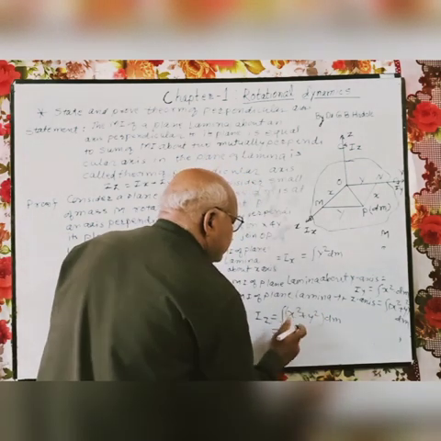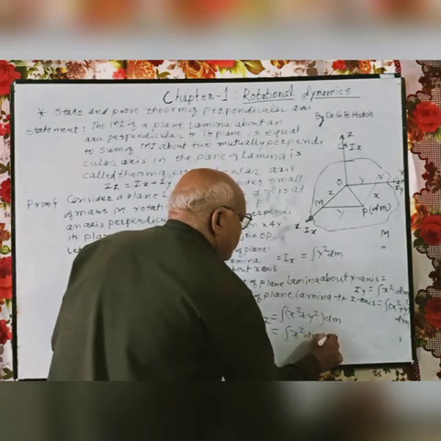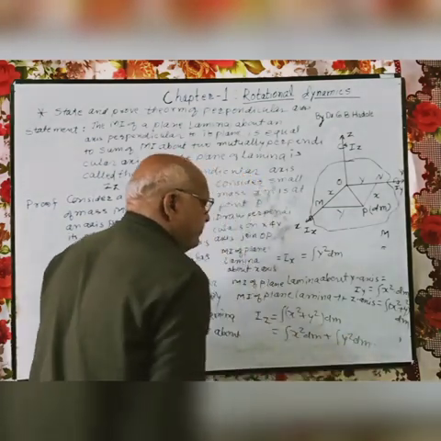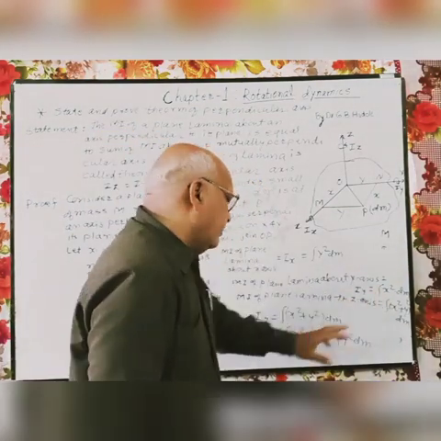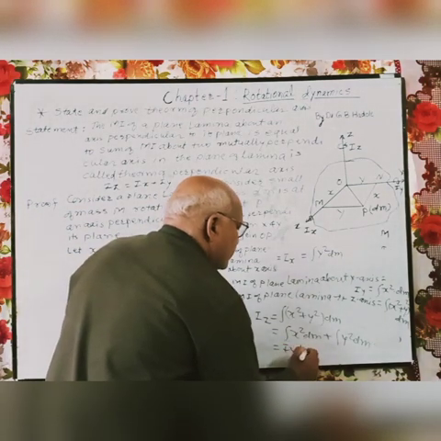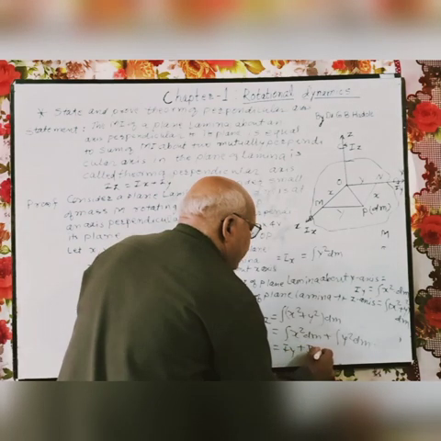Let us separate this. So integral x square dm plus integral y square dm. What is x square dm? It is Iy, plus integral y square dm, it is Ix.